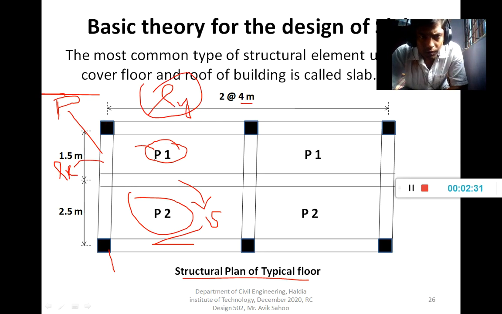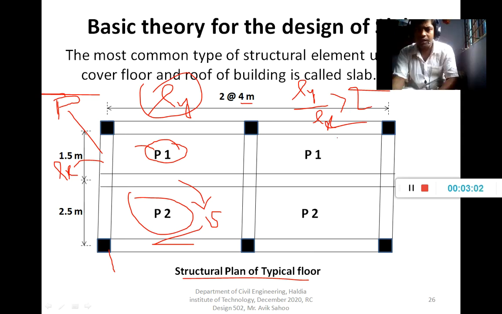Now here you see that two types of panels are considered, and if you take the ratio of longer span to shorter span, you find that for panel 1 it is more than 2. For panel 2, the ratio of longer span to shorter span is less than 2. This ratio is called the aspect ratio.